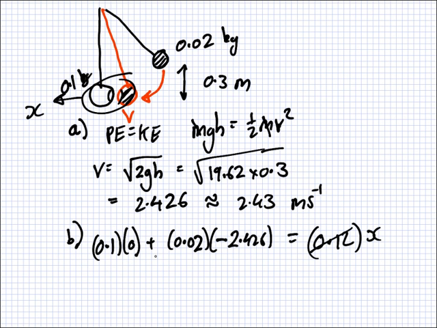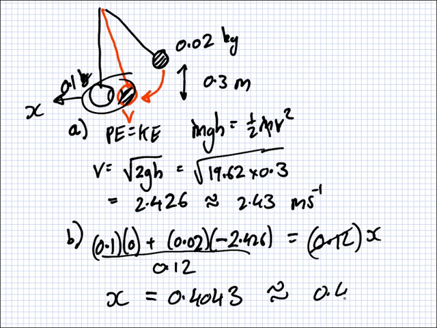If I divide by the 0.12, I can get the x, which will be negative. What's that, please? 0.404 meters per second.